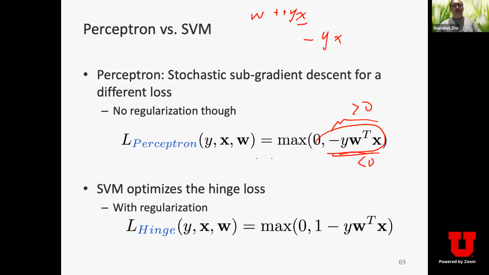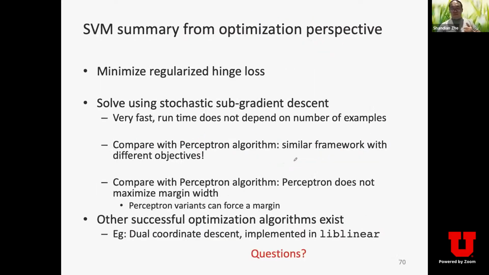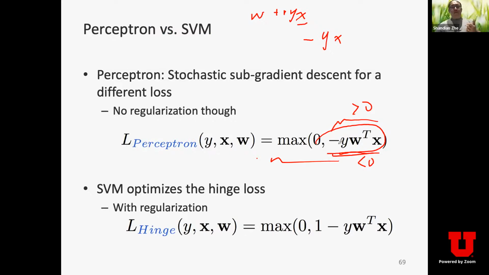This is essentially doing stochastic subgradient over a particular objective function, which has a form similar to hinge loss, but only max of 0 and minus y w transpose x. There's no 1 here. For the hinge loss, you have 1 minus y times the function margin, and for the perceptron loss, you don't have the constant 1. And the second difference is that we don't have the regularizer.